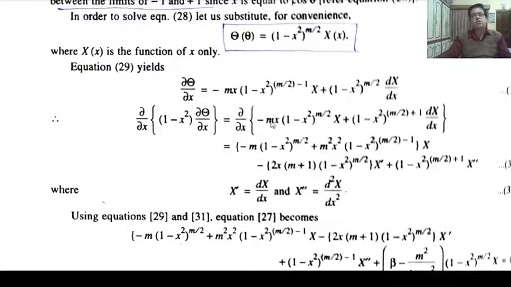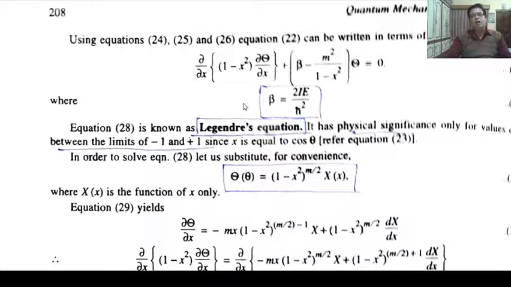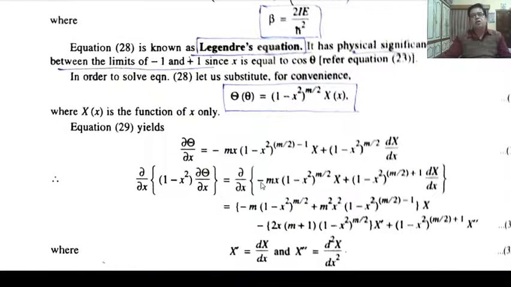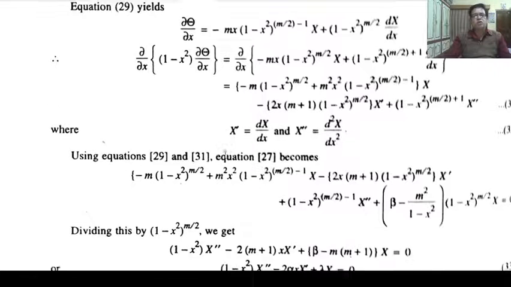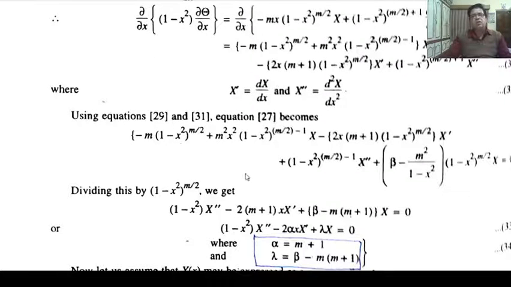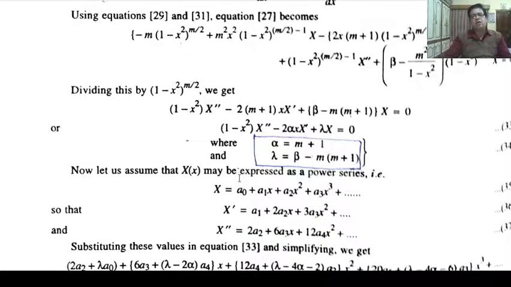If we use this in the equation, it becomes, this is only maths, you can easily do it, dividing and simplifying using alpha and lambda: α = m + 1, λ = β − m(m + 1). This is the simplified equation: (1 − x²)X'' − 2αxX' + λX = 0.